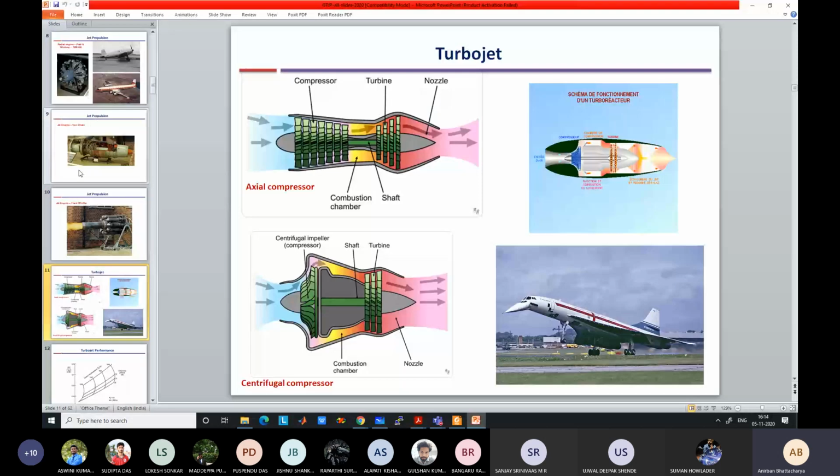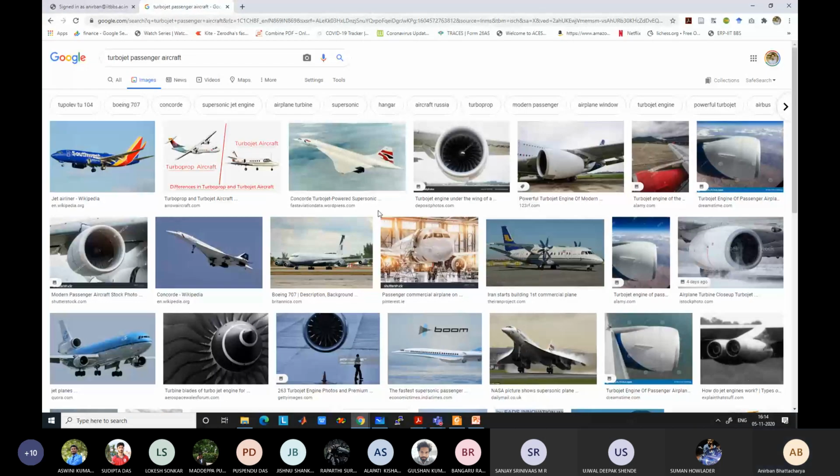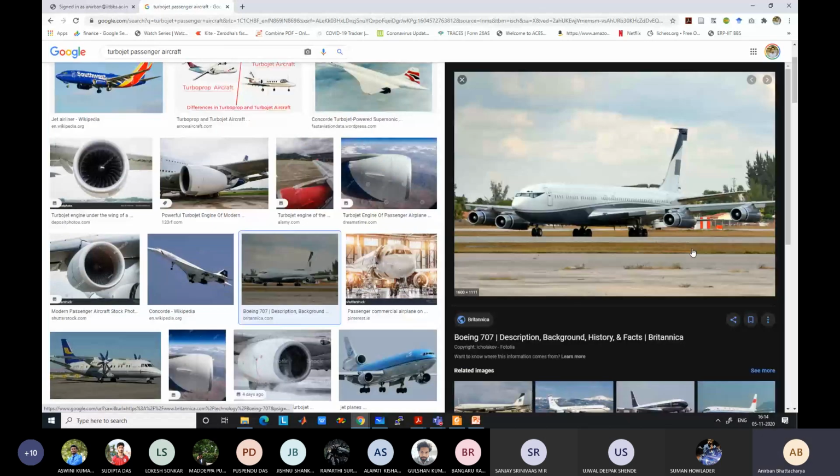So yes, I was trying to look for some image if there is a turbojet plane image. Old aircraft. This is a turbojet. Yes, Boeing 707. See these engines. This is a Boeing 707 with turbojet engine.